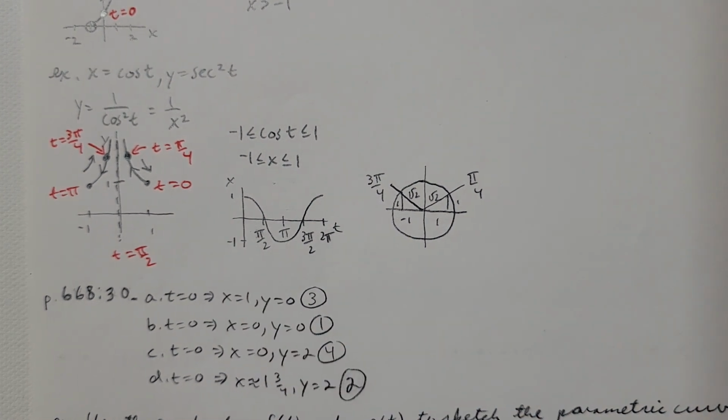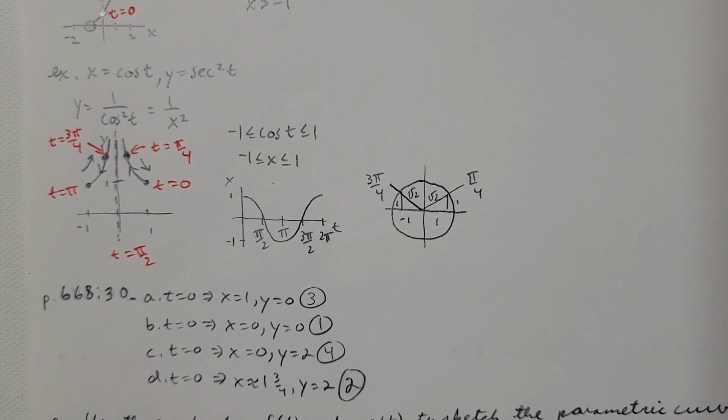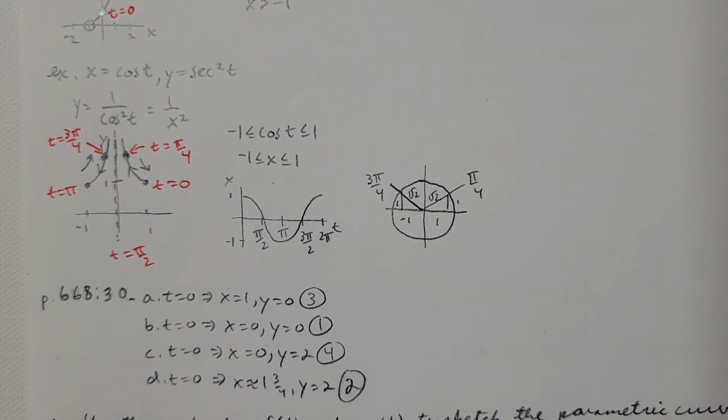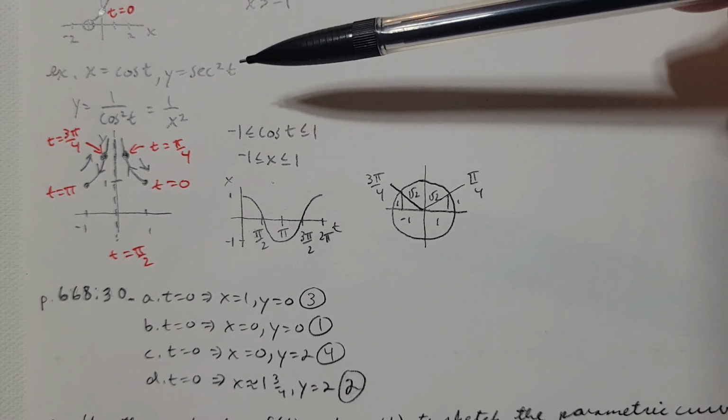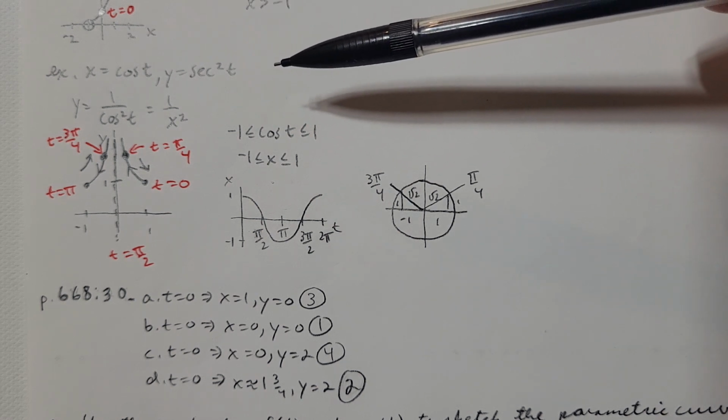And if I let t be pi over 4 next, well, cosine pi over 4 is 1 over root 2. 1 over root 2, using your calculator, would be about 0.707, around there.